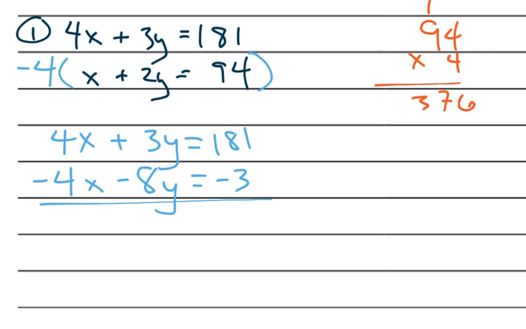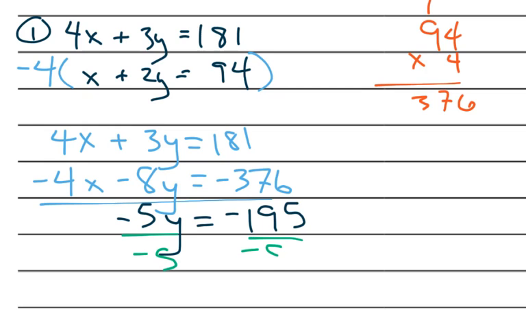That way it doesn't really get in the wrong spots within your problem. And after putting these two together, these of course go away. So I have negative 5y equals negative 195, which will now divide by a negative 5, leaving us with y equals positive 39.